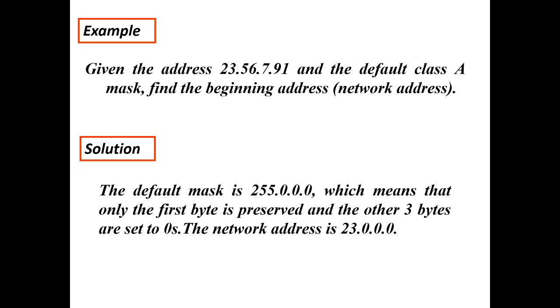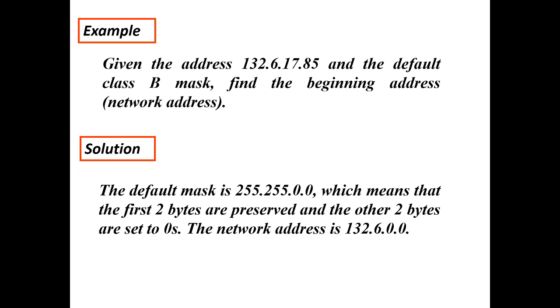The default mask for class A is 255.0.0.0, which means only the first byte is preserved and the other 3 bytes are set to zeros. So the network address is 23.0.0.0, the first address in that particular network.